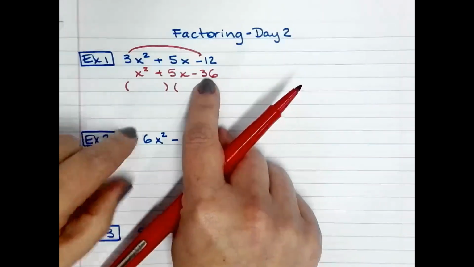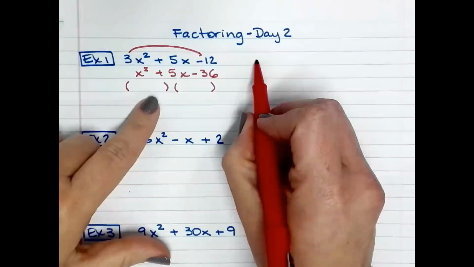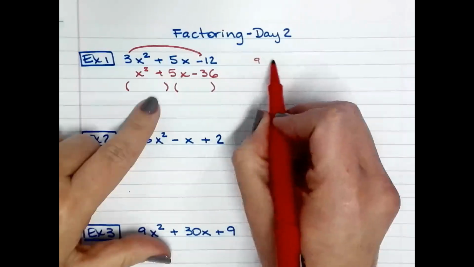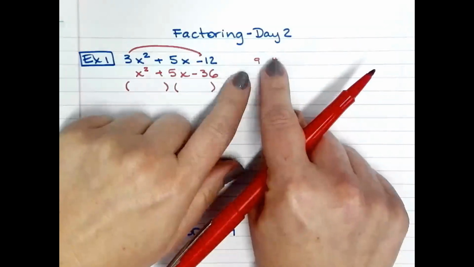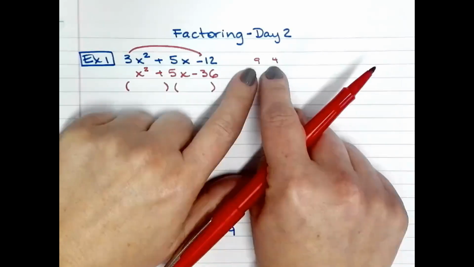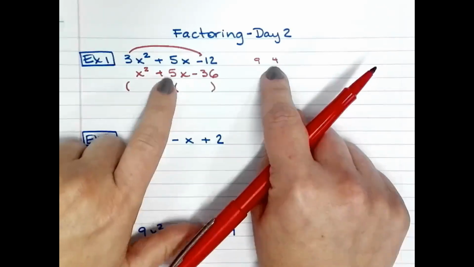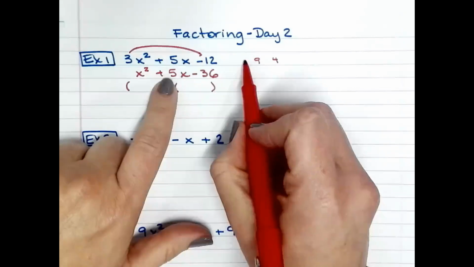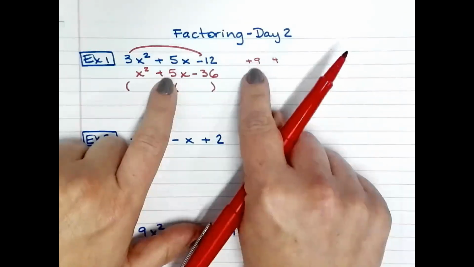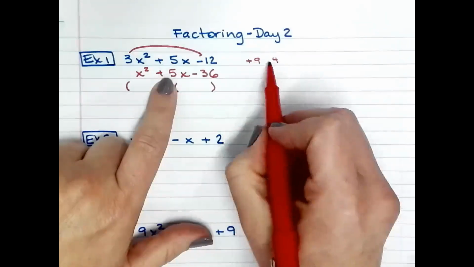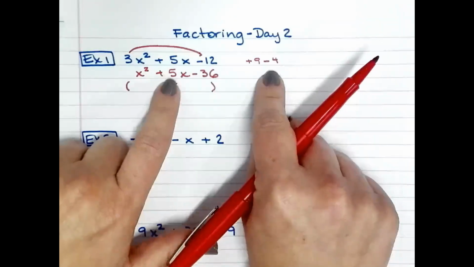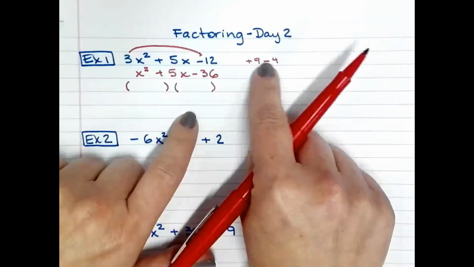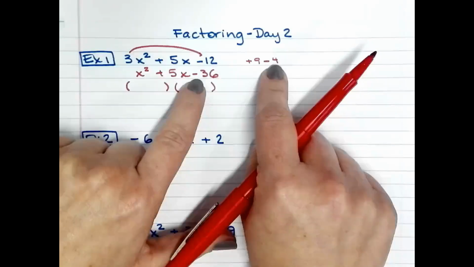And then I just need to check the signs. So if I look at 9 and 4, I know the signs will be different. So which one is which? If I need to add up to positive 5, 9 would have to be positive because 9 minus 4 is 5, and 9 times negative 4 is negative 36.